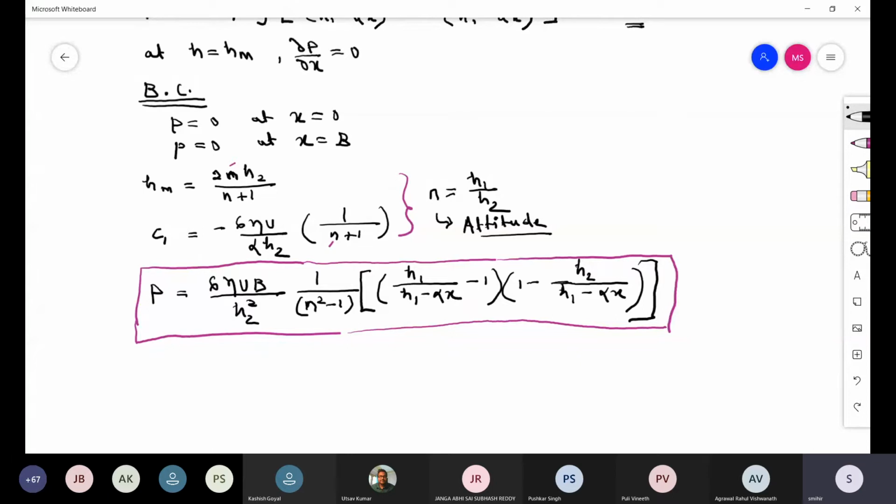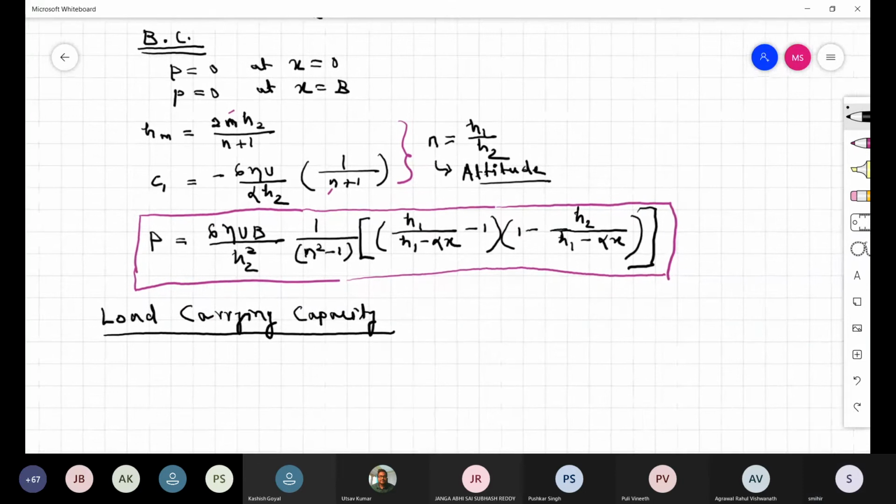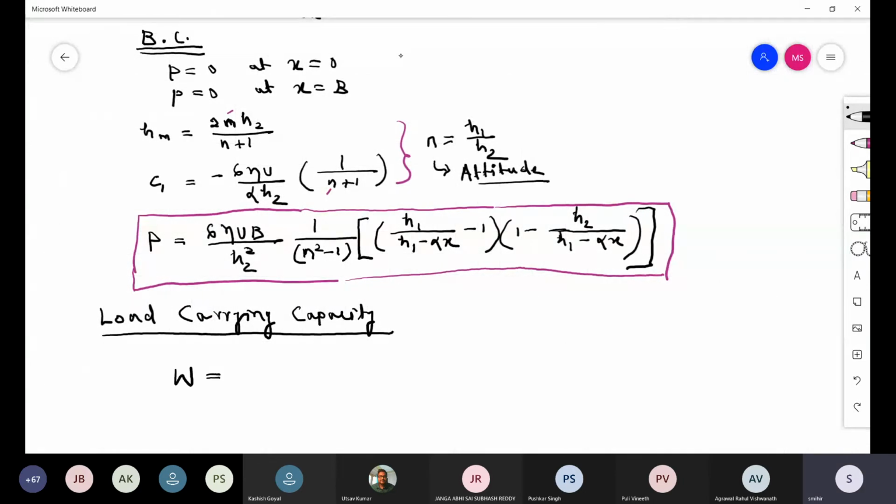Once you find the pressure profile, the next parameter that we always find is the load carrying capacity. How much load can the bearing carry? So in this case, your W, load carrying capacity, equal to L integral 0 to B P dx.